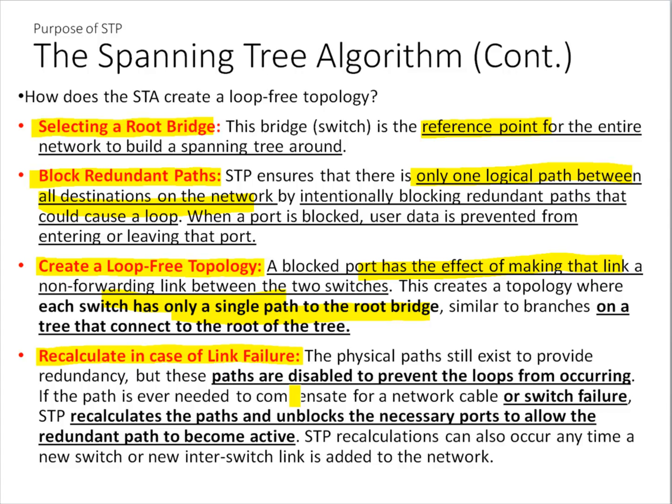In that case, the spanning tree protocol will recalculate and open the blocked ports. So this is going to be the fourth step. This is the overall idea of the spanning tree protocol.